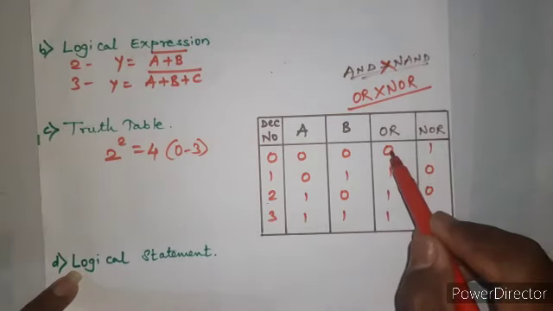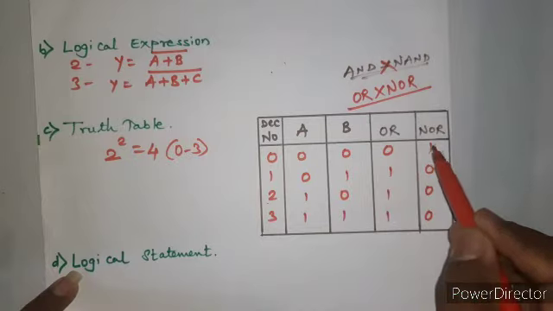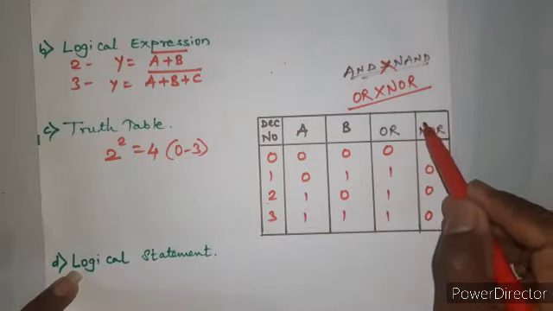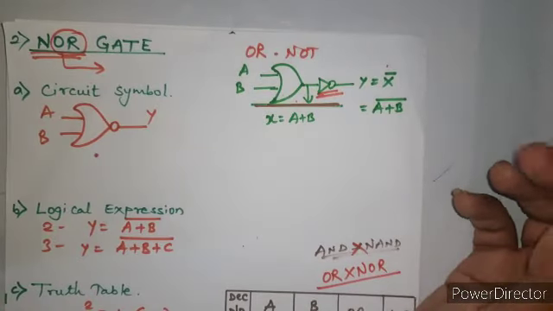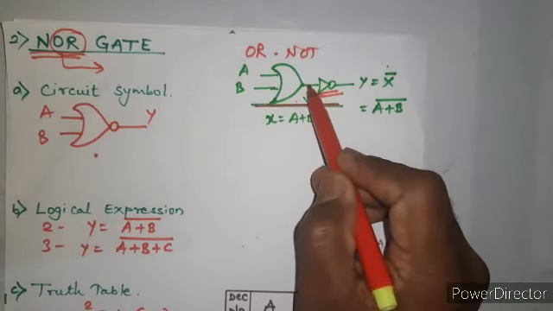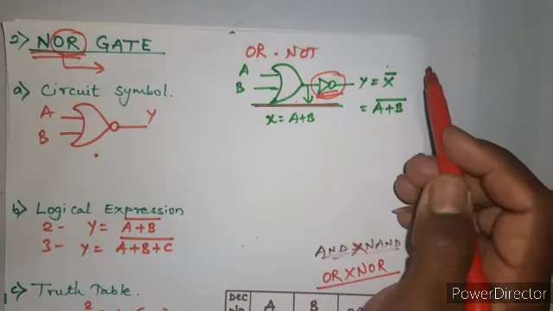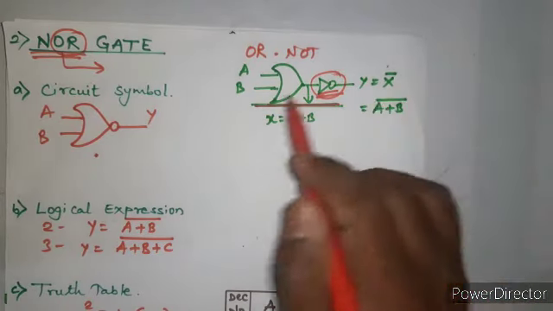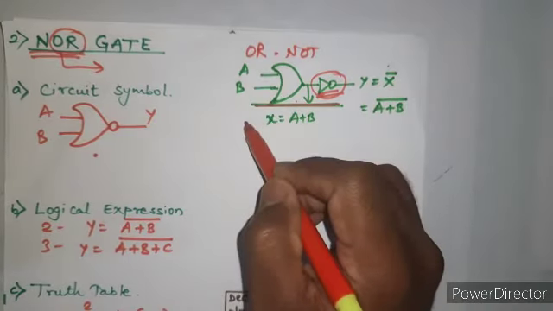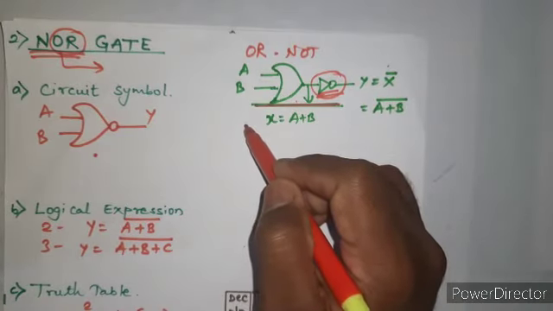Okay, who is actually converting this to its opposite is this NOT gate. Because you can see after the output of OR gate we have connected this NOT gate, right? So you can have n number of inputs here, right?